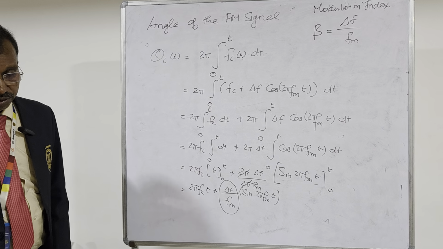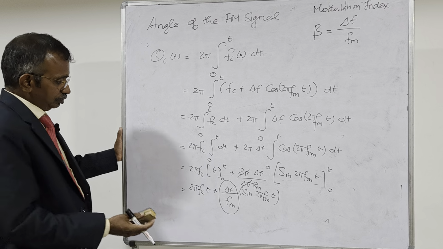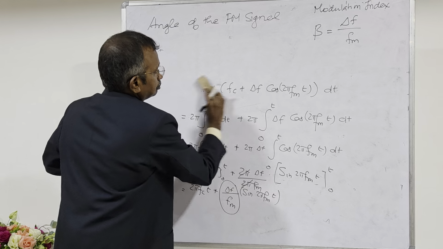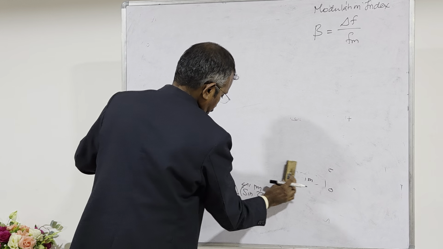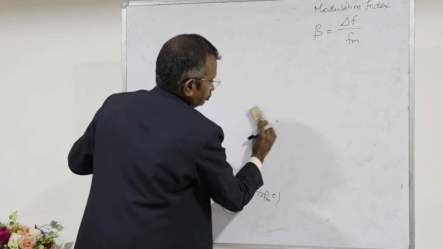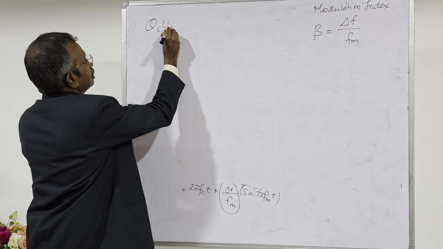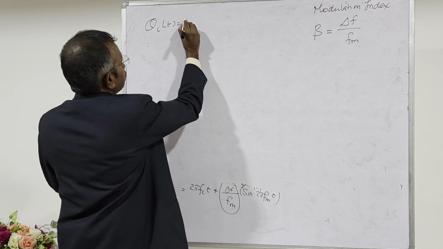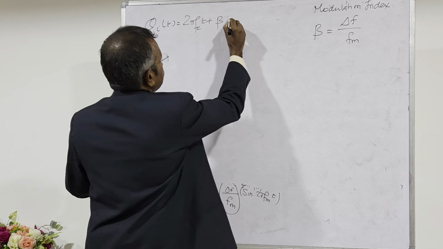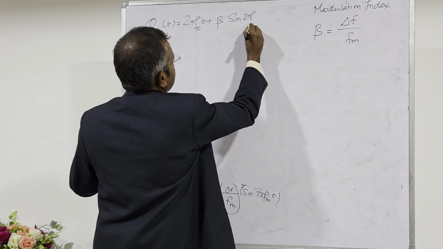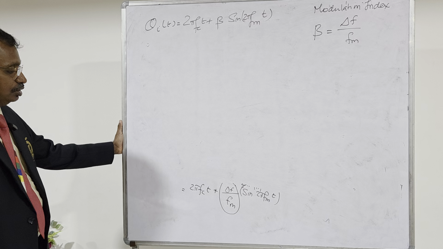Depending upon the values of beta, I will rewrite this equation. So this angle theta I of t is equal to 2 pi fc into t plus beta into sin 2 pi fm into t, where beta equal to del f by fm.